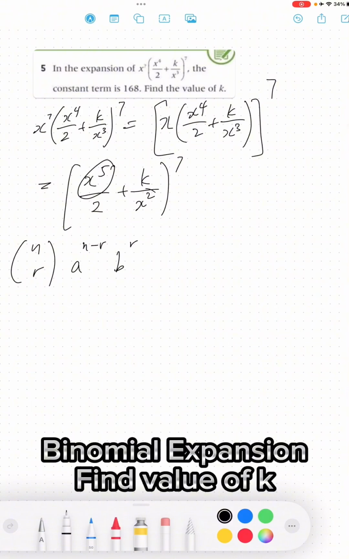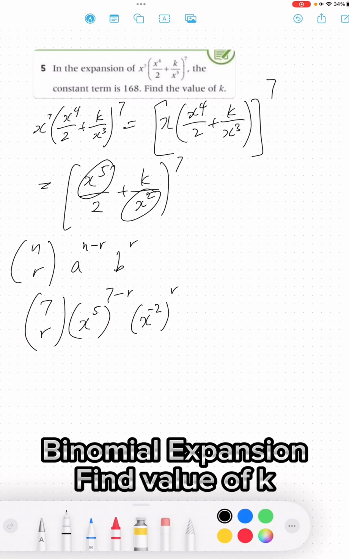We can do the same with x's. We say 7 choose r, and we find out what r is. We have x to the power of 5, all to the 7 minus r, and then x to the minus 2 to the power of r.